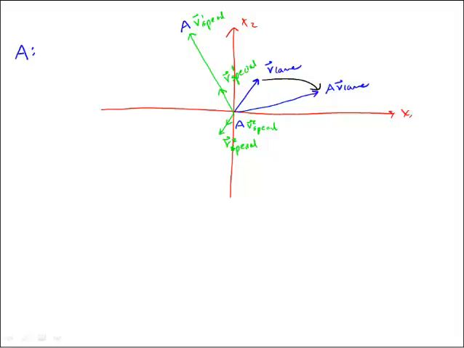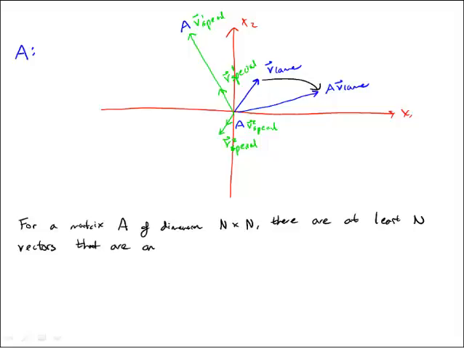And so what we have is that for a matrix A of dimension n by n, remember we're dealing with square matrices now, there are at least n vectors that are only shrunken or stretched by A. When A acts upon these vectors, it only stretches or shrinks them.